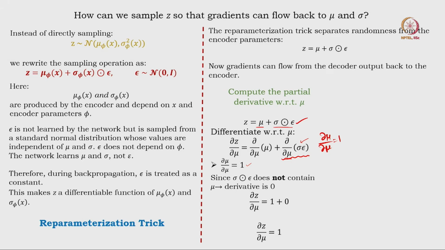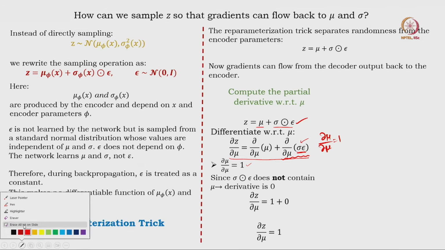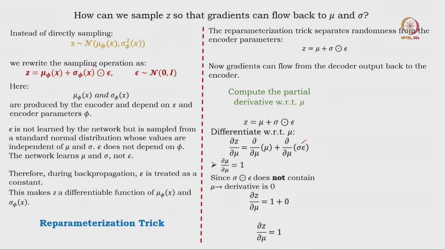Since this term does not contain a mean, the derivative becomes 0. Therefore, can you write this whole equation as 1 plus 0? Why? The first term is 1 and the second term is 0. Why is the second term 0? Because this term does not contain mean. Therefore, you now got a value. Earlier this was the problem, we did not know what exactly the value for this was, but now we got the value.